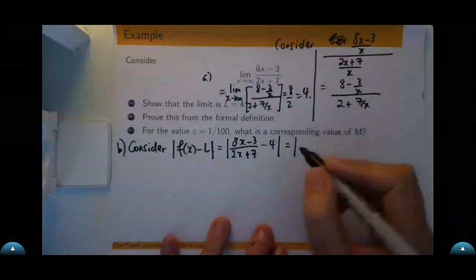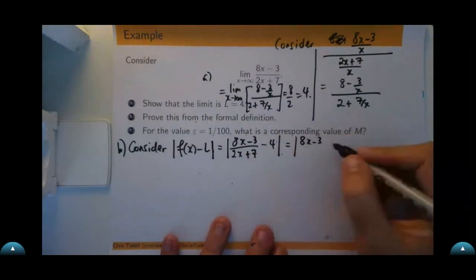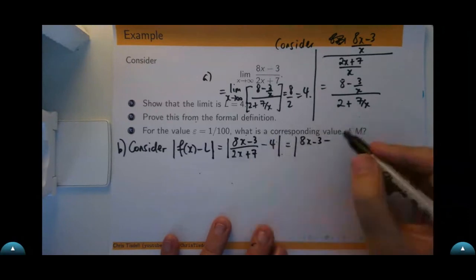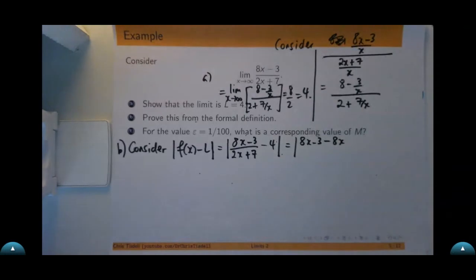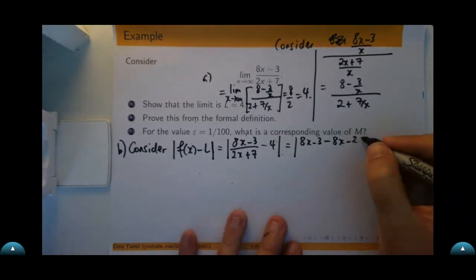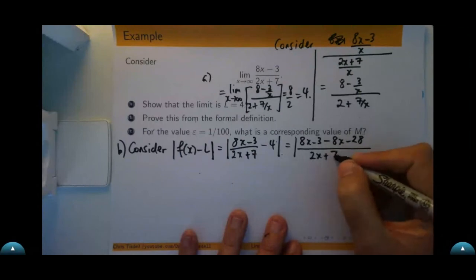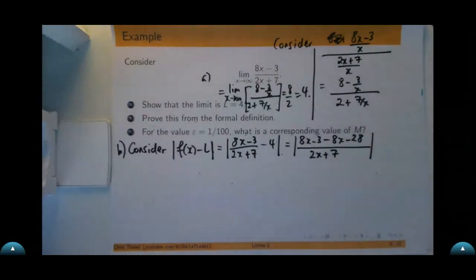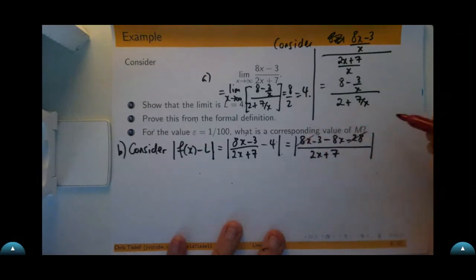Okay, so let's put this all over one denominator. That times that will be 8x. That times that will be negative 28. And I'm going to get something like this. Now you can see that's going to cancel with that. Oh, sorry, with that.